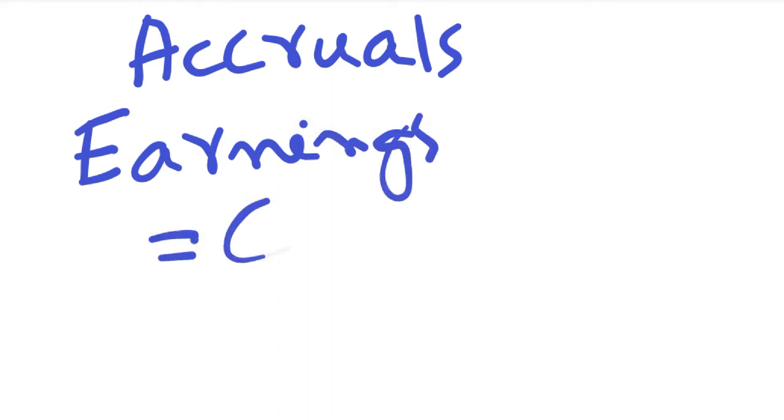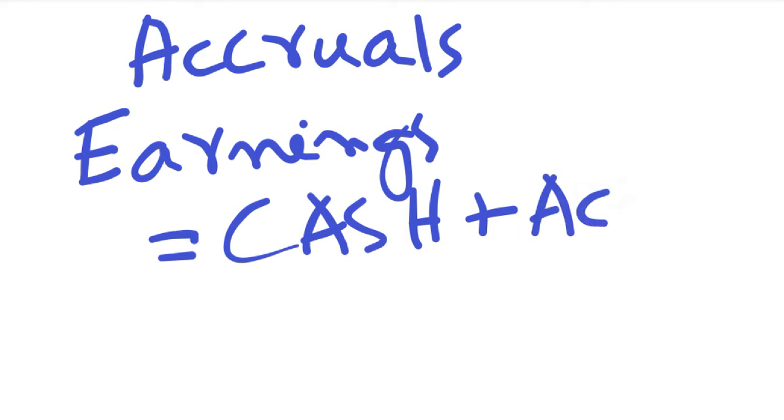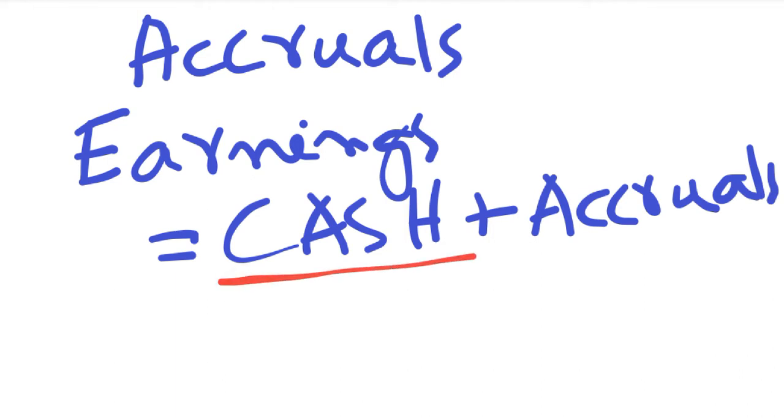Okay, we know that earnings is equal to cash and accruals. So you cannot manipulate cash, so you will try to manipulate the accrual part of the earnings. So this is the accrual manipulation.